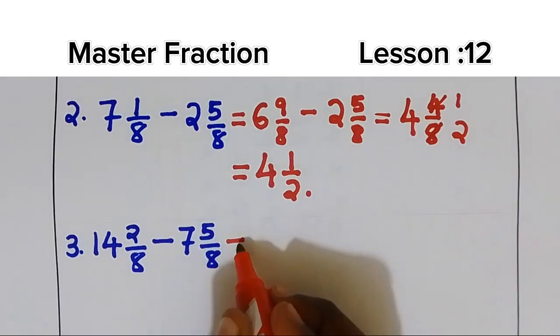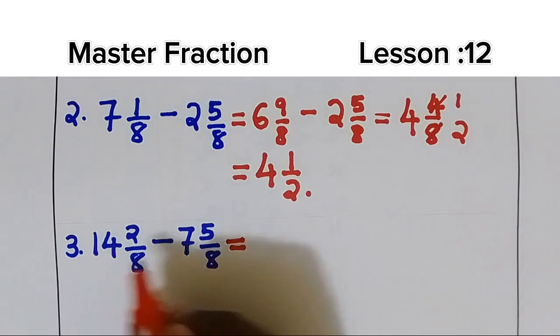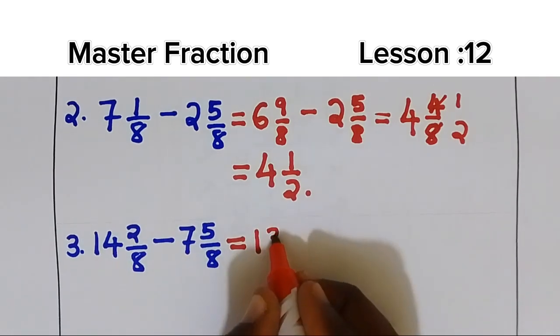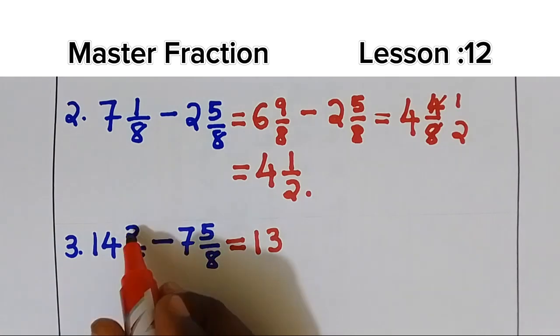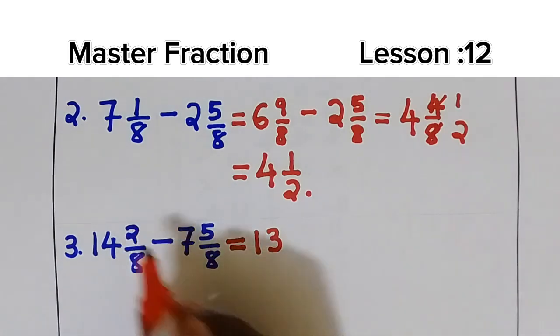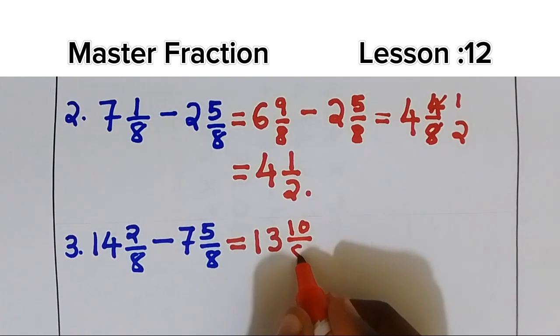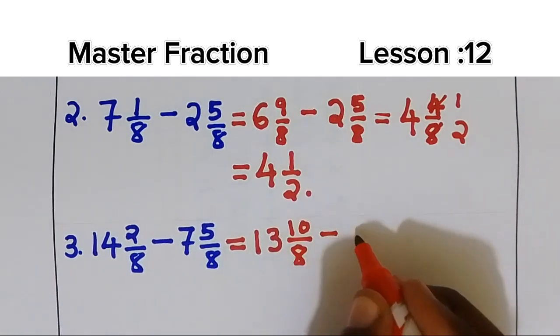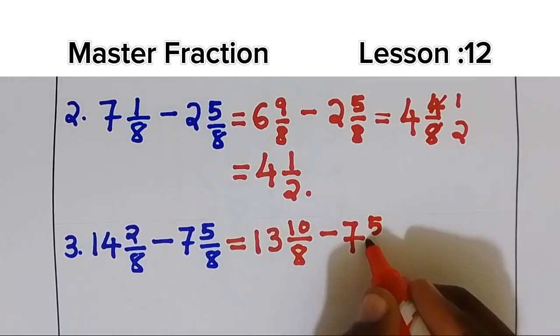This will be equal to, I borrow 1 from 14, I'm going to remain with 13. So I have 13. The one that I borrow is the same as 8. I'll plus with 2, I'm going to get 10. So I have 10 over 8. Then take away 7, 5 over 8.